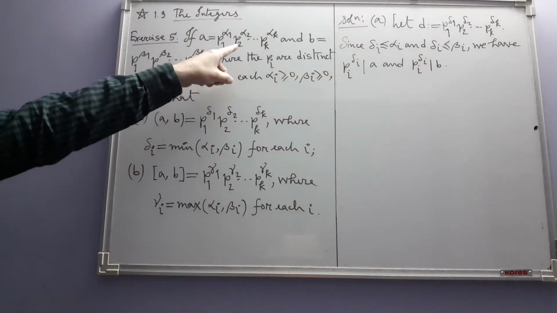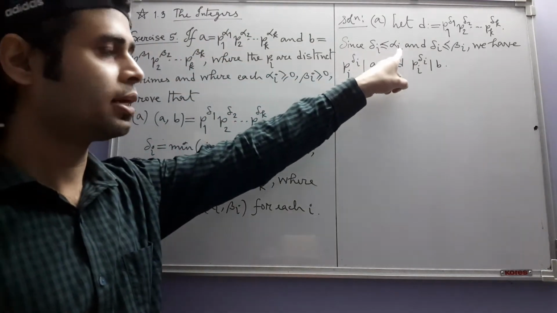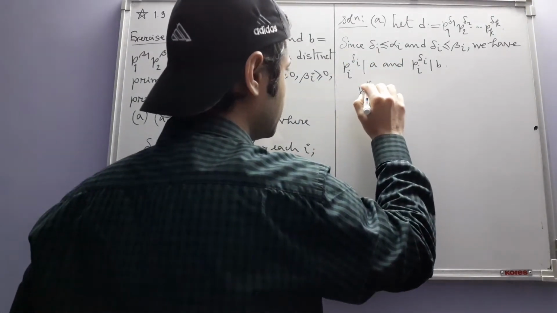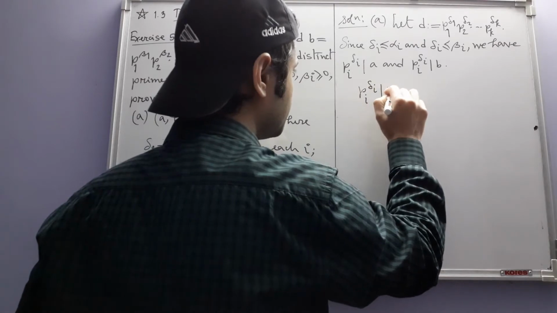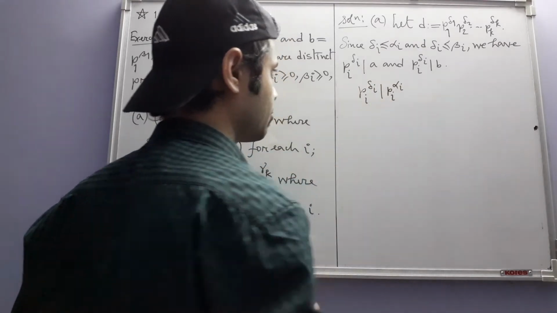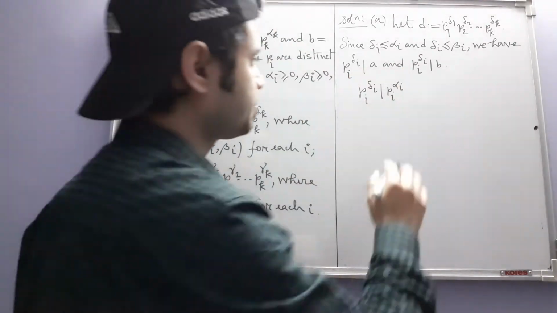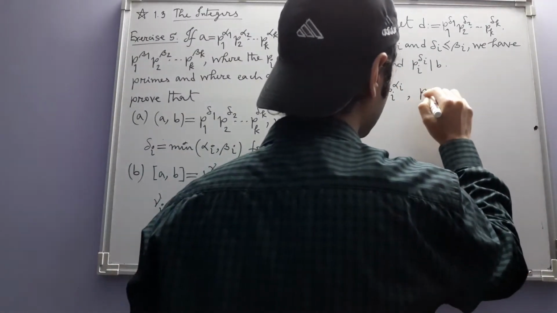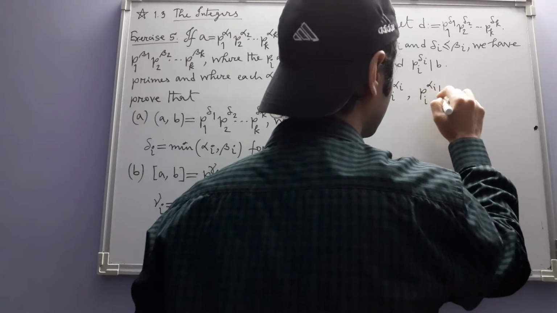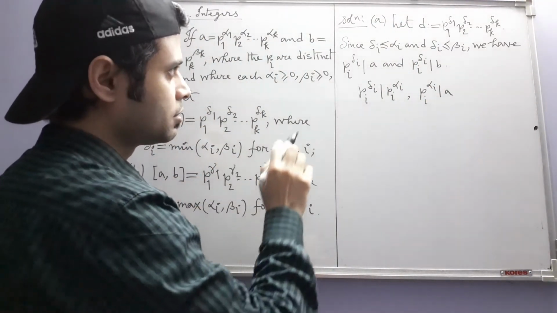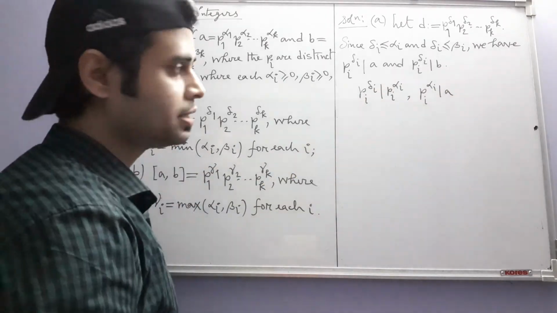Since delta i is less than or equal to alpha i, Pi to the power delta i divides Pi to the power alpha i, and this divides A. That's why this divides A. Similarly, Pi to the power delta i divides B.